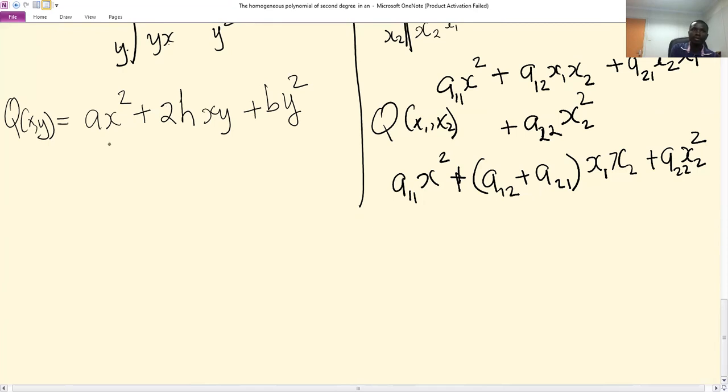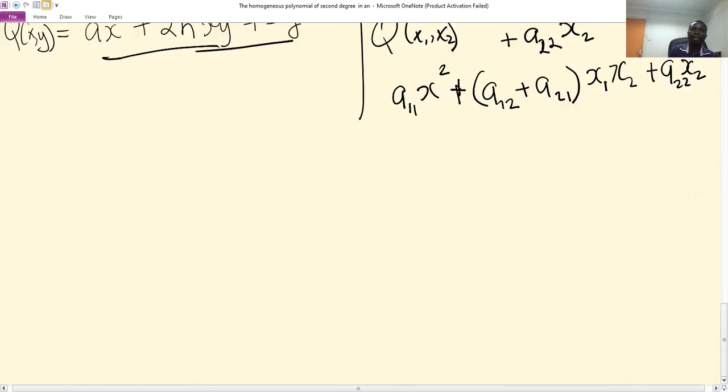So that's how this one is obtained, and then this is how you write the general term for x1 x2.